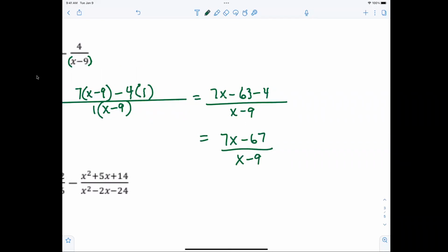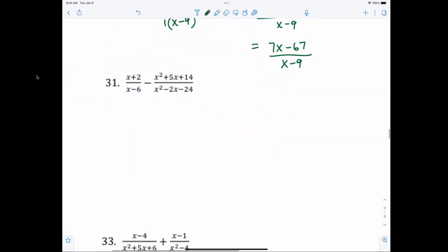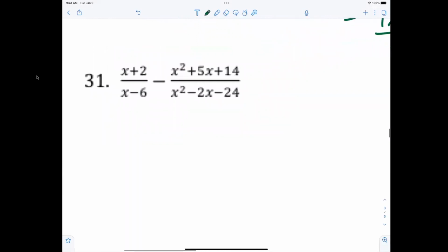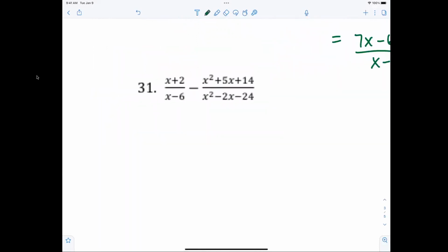Anybody have an issue with that? Anybody have an issue? No? Okay. Now I'm getting into the hard stuff. So the name of the game is factoring in the denominator.